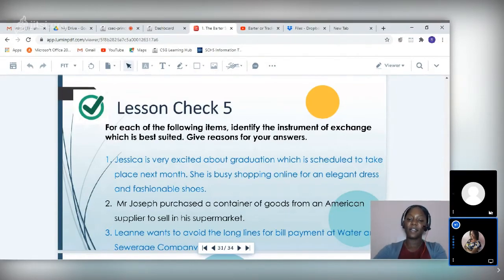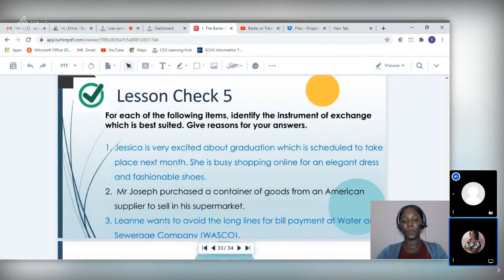I don't think the credit card would cover that much. So I would preferably go for a bill of exchange or a bank draft for this question. And those two, when you're ordering large amounts of goods from overseas, remember, the bill of exchange and the bank draft can facilitate overseas payments, right?